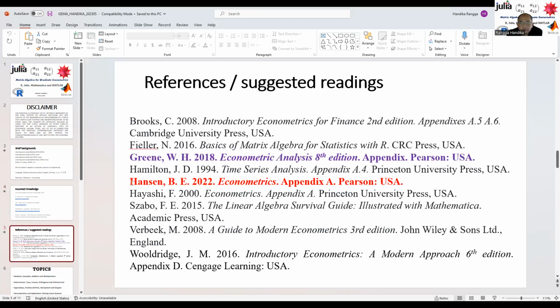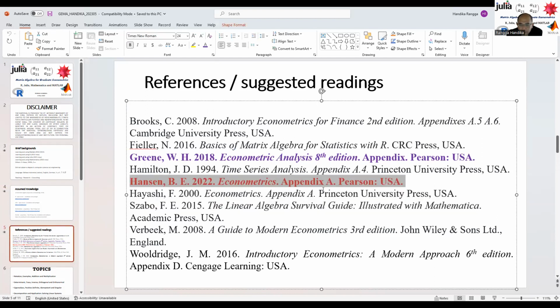Basically, I took materials from Hansen. I follow Hansen's graduate level econometrics appendix, meant for master's or PhD students. Some equivalent materials you can also find in Greene's Econometric Analysis, online appendix about matrices. Other textbooks: Fieller, basic matrix algebra with R, Hamilton focusing on time series analysis, or Brooks, introductory econometrics for finance.